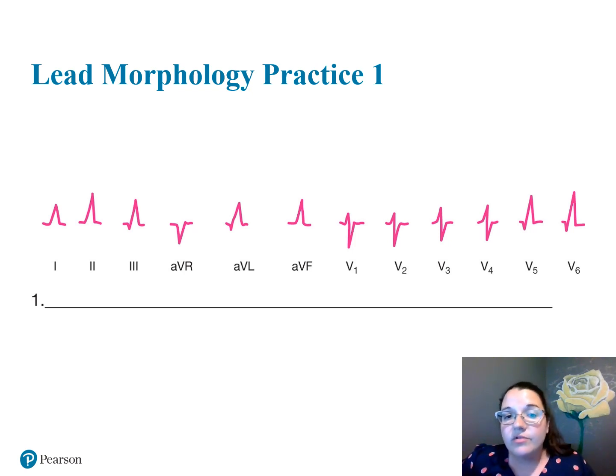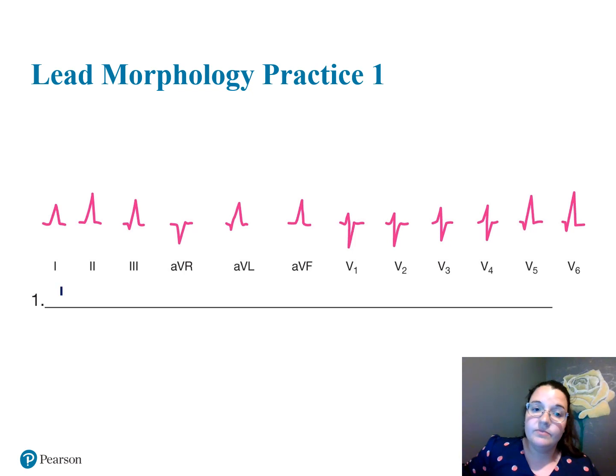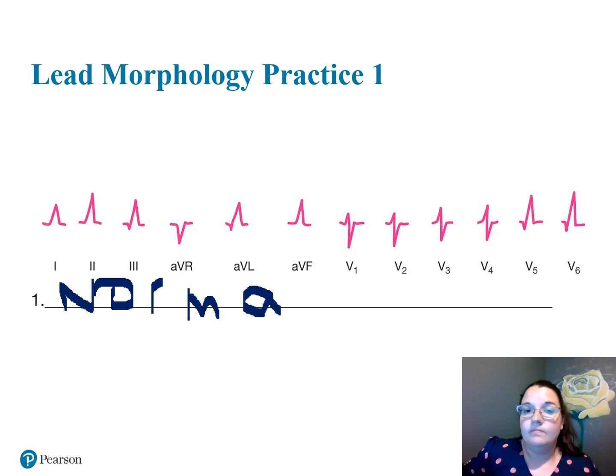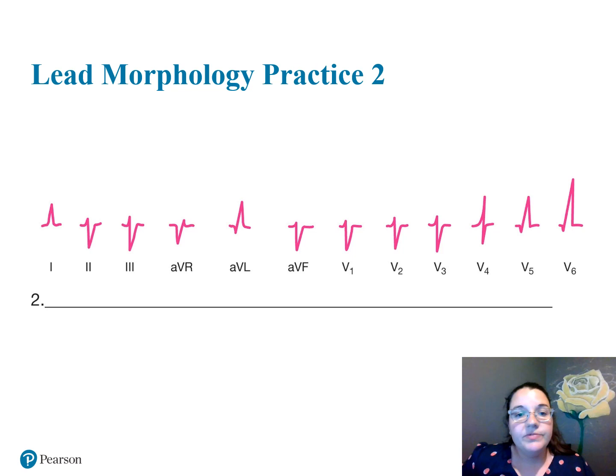So based on our rules, everybody is positive except for AVR and V1. So the morphology of our QRS is here. We are normal. Just put normal.